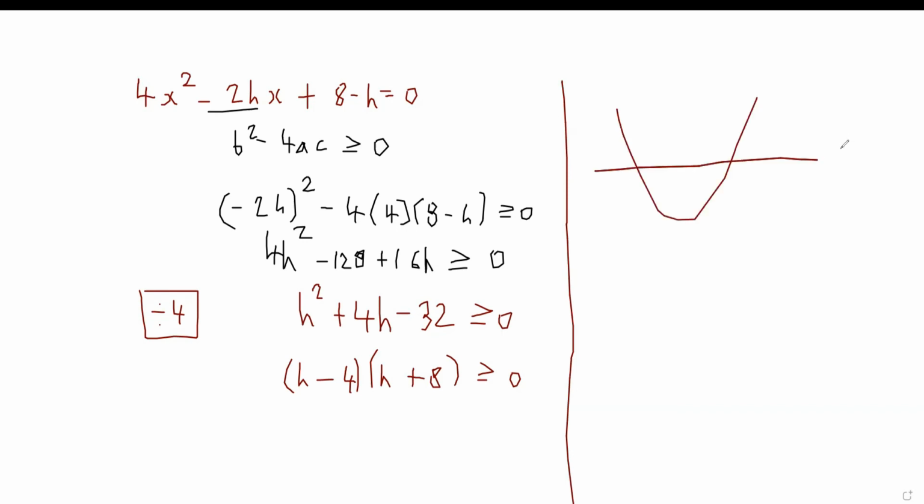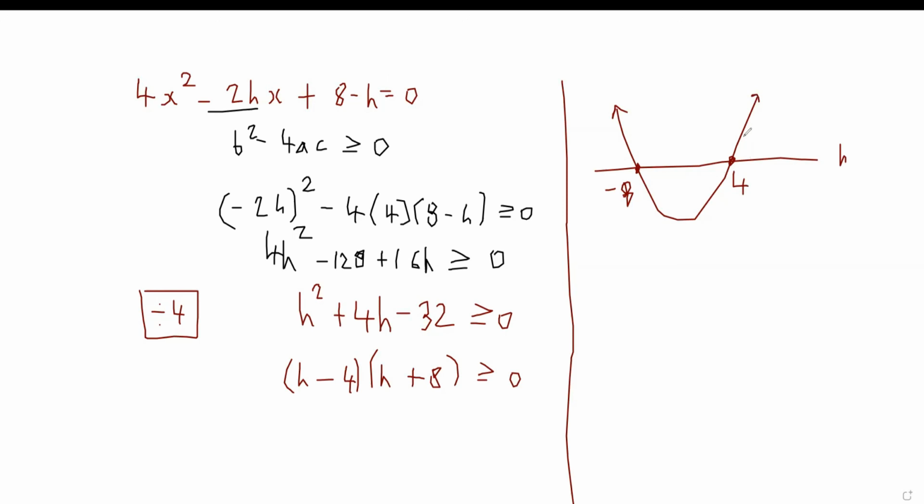We have the h-axis. The two h values we have are 4 and minus 8. If you set them equal to 0, you have 4 and you have minus 8. And this is greater than or equal to 0. What does that mean? What that means, Marika, is the solution that we want is right here.